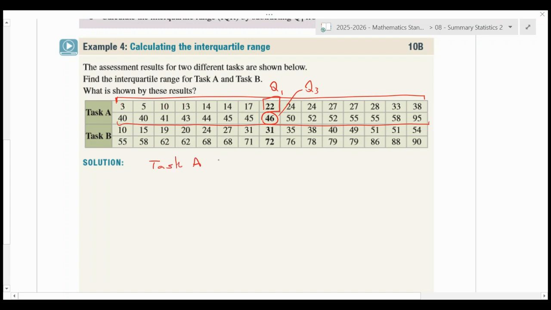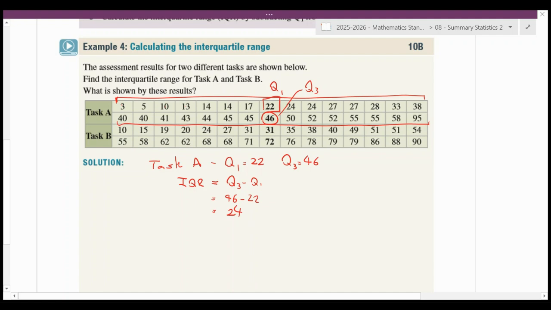So for task A, Q1 equals 22, Q3 equals 46. So the interquartile range, or IQR, is just Q3 minus Q1, which is 46 minus 22, which gives our interquartile range as being 24.